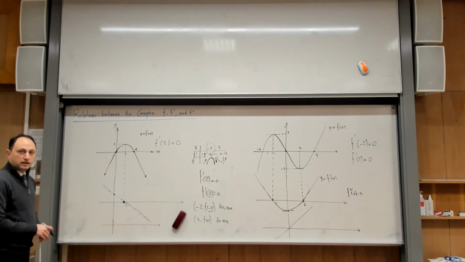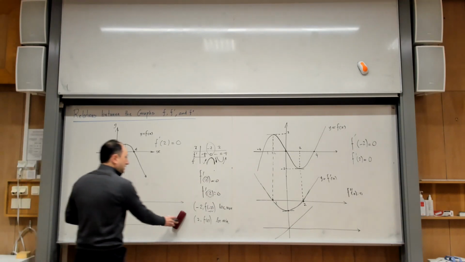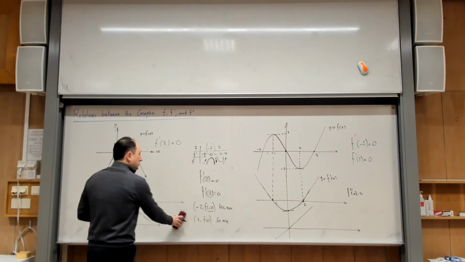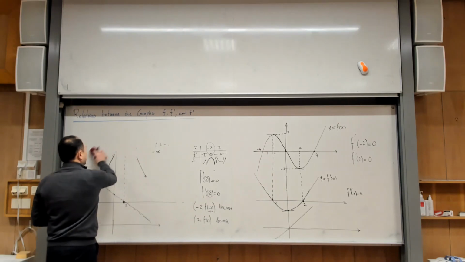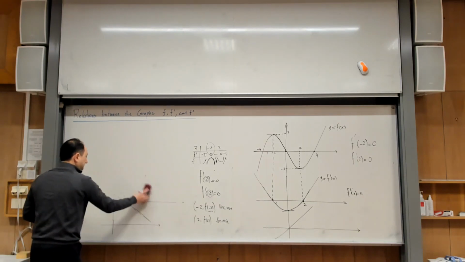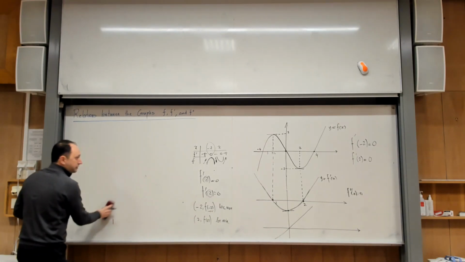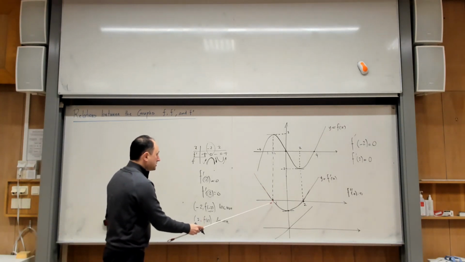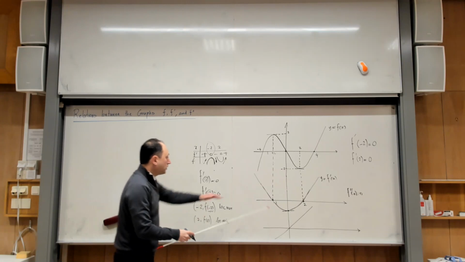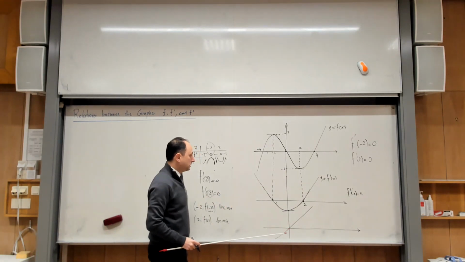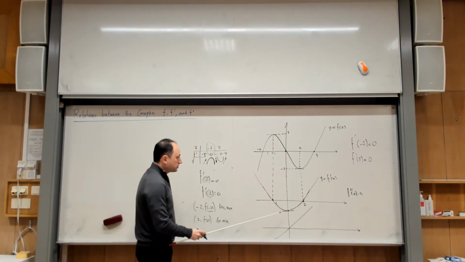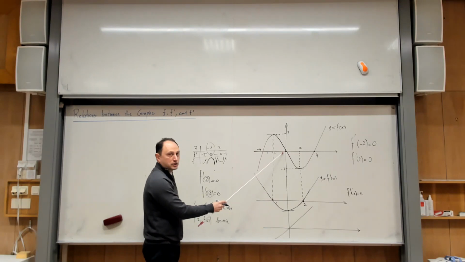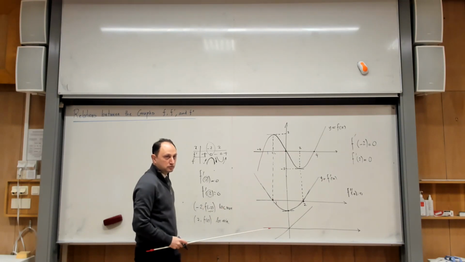Okay, now let me make it a little bit more tricky. What happens in this situation? Could we more or less understand that behavior? By the way, could I also predict where this one passes here?